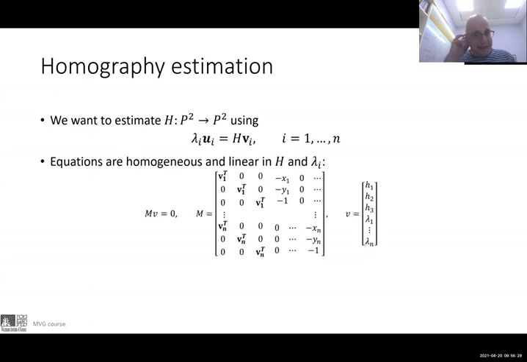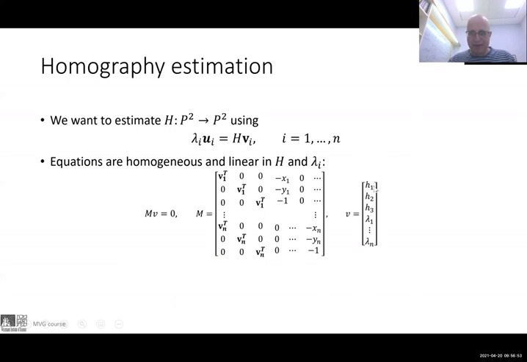The idea is again: the unknowns are lambda i and H, and the coefficients include ui and vi. We want to write this as a homogeneous linear equation, Mv equals 0, and we do that by writing first the unknowns.